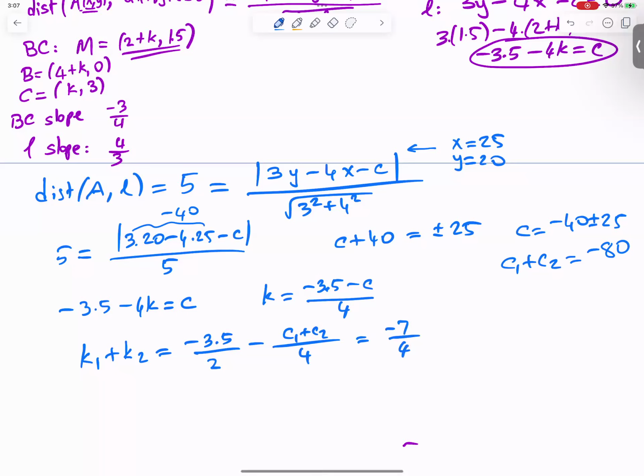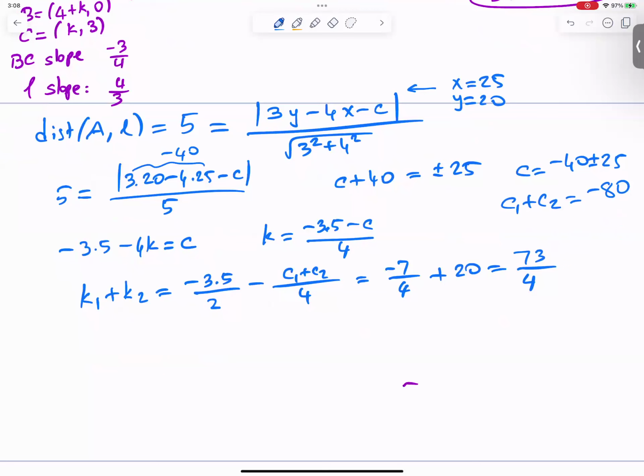So we get negative 7 over 4 minus negative 80 over 4, so plus 20. And that gives us 73 over 4. So the sum of the numerator and denominator, and the answer, is 77.